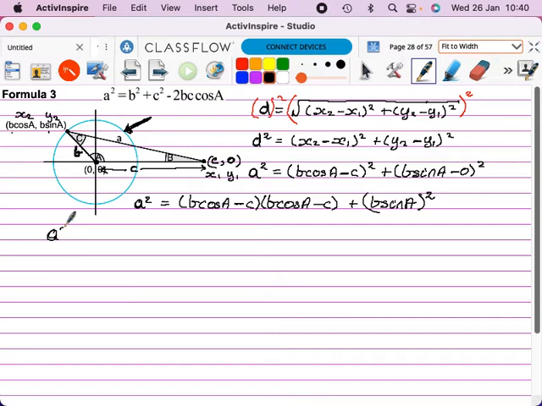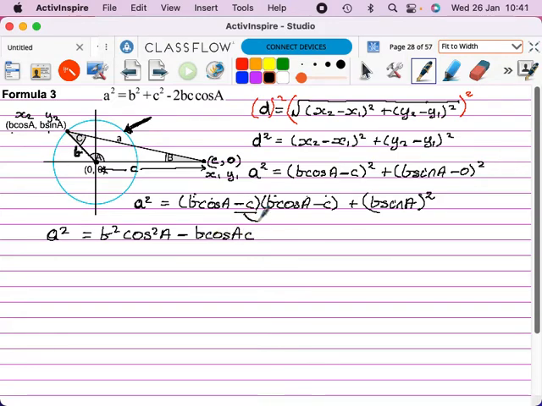So when we square out these brackets, b cos A on b cos A is going to be b squared cos squared A. b on minus c is minus b cos A on c.